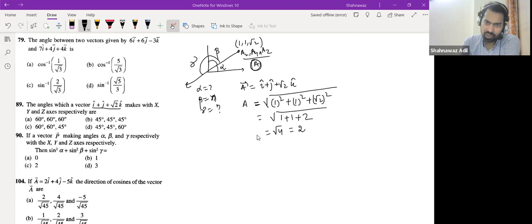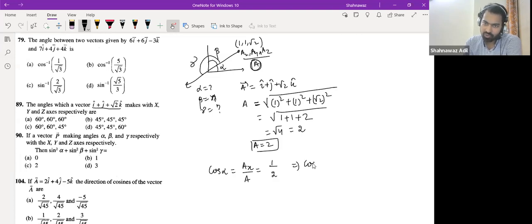So now we know what is A. We know what is AX, we know what is AY, we know what is AZ. So what is cos alpha? Cos alpha is AX by A, which is 1 by 2.